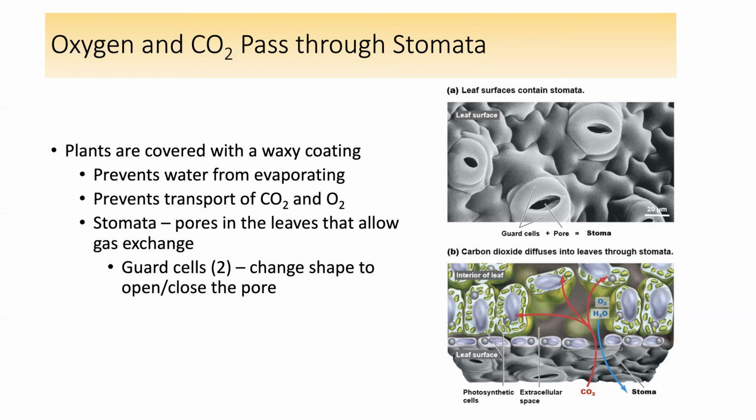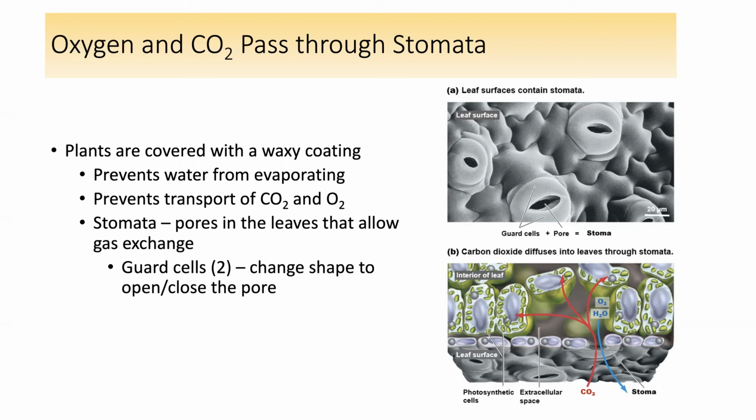So before we look at that, let's just review some really basic anatomy of our leaf structure. All right, so if you go outside today before all the leaves fall off the trees, you'll notice that leaves are covered with a waxy coating. The purpose of this coating is to prevent water from evaporating from this very flat surface.